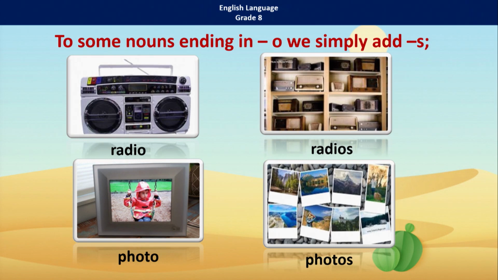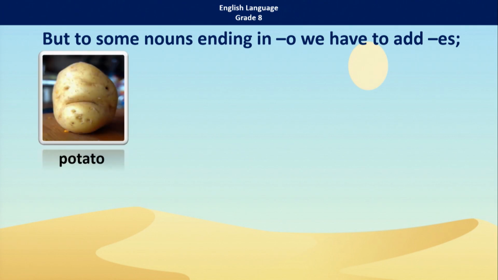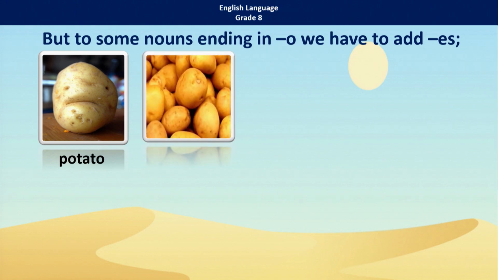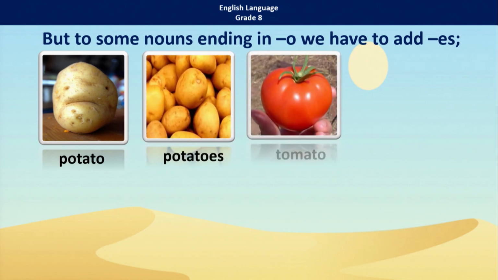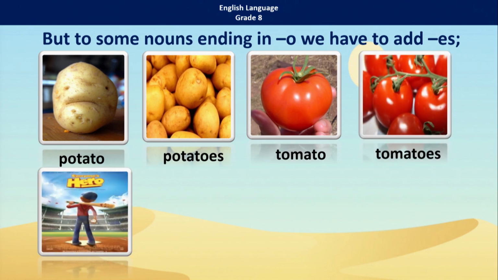Is it the same with all the nouns that are ending with O? That is not the same. But to some nouns ending in O, we have to add ES. Potato, potatoes. Yes. We have to add ES. Tomato, tomatoes, again ES.